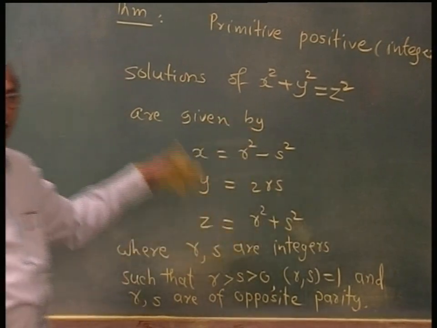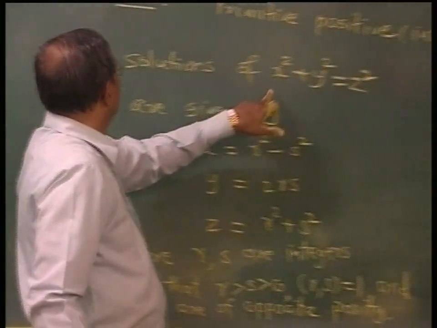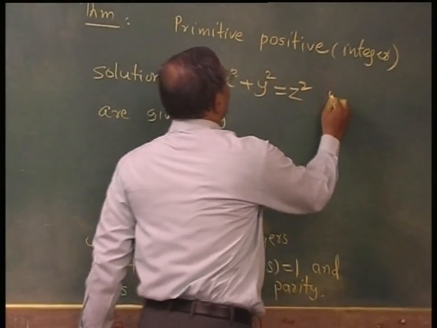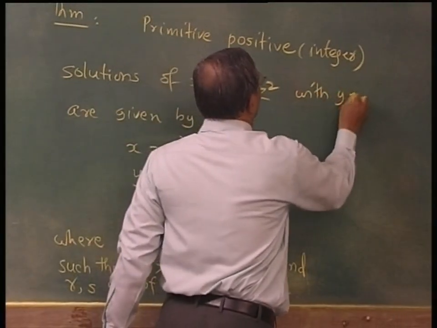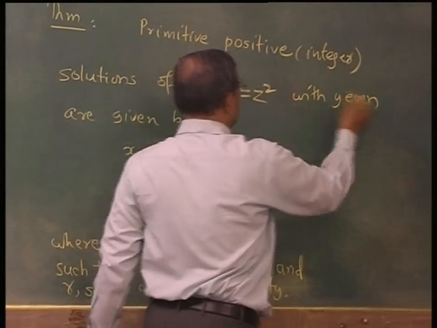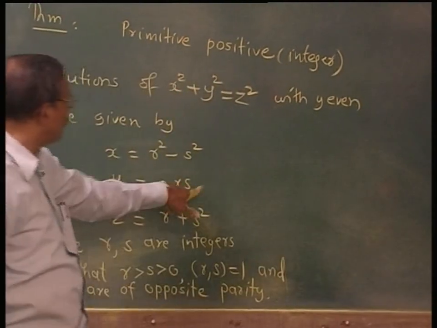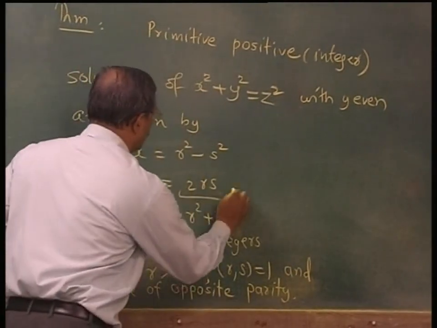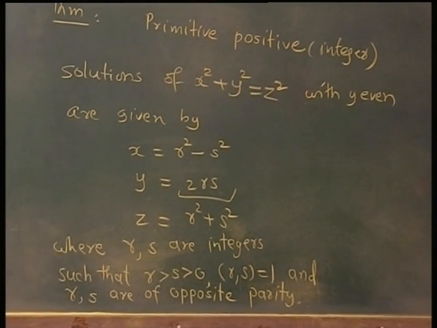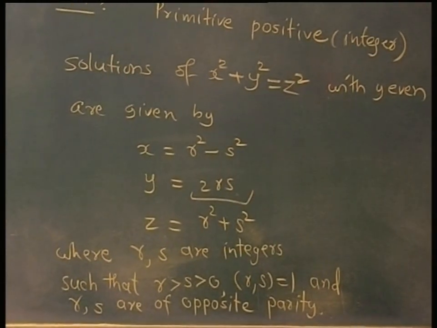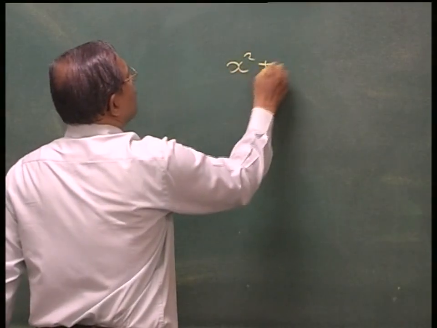So this is a solution. All these are solutions of this with y even. One of them is even, the other is odd. So y we are taking to be 2 times rs, that is even, and x is actually odd.